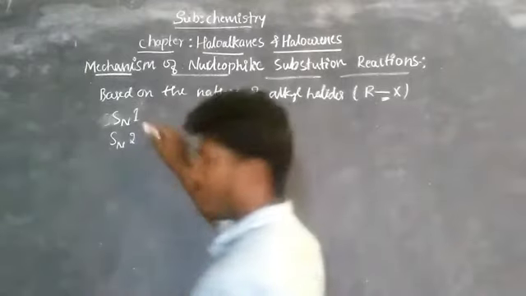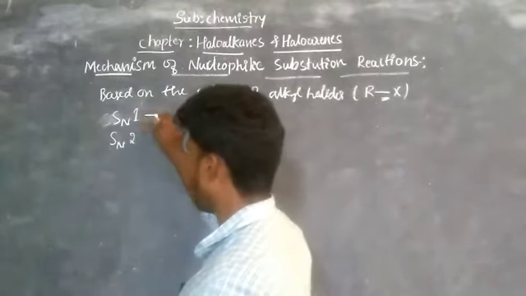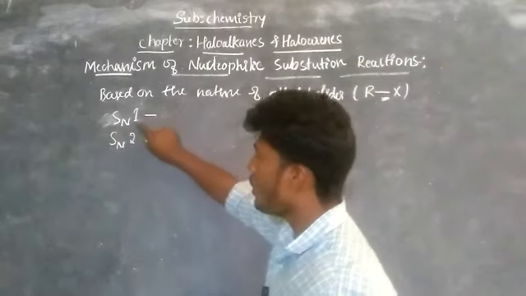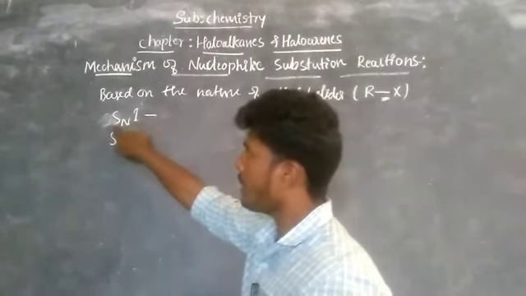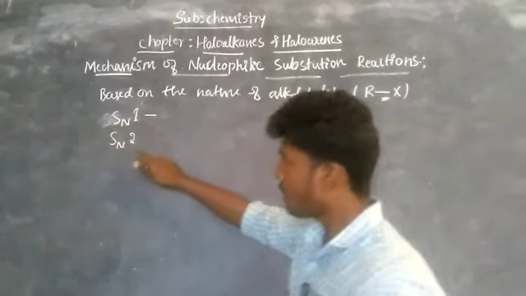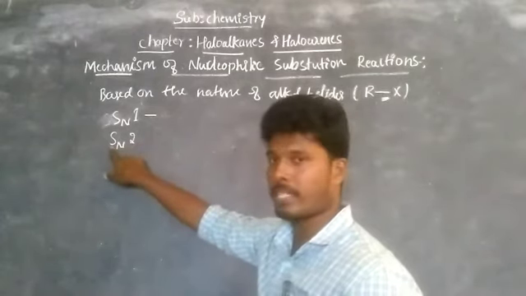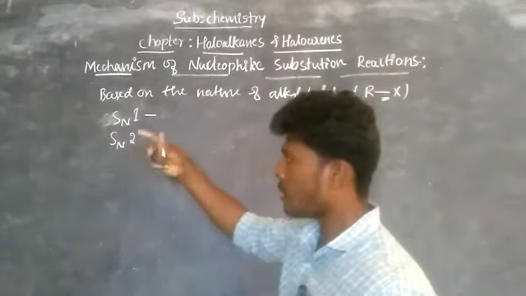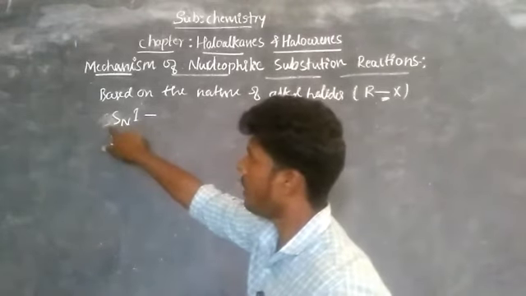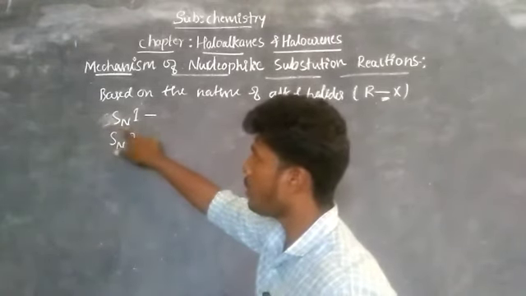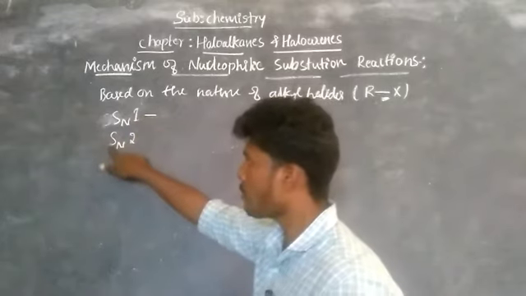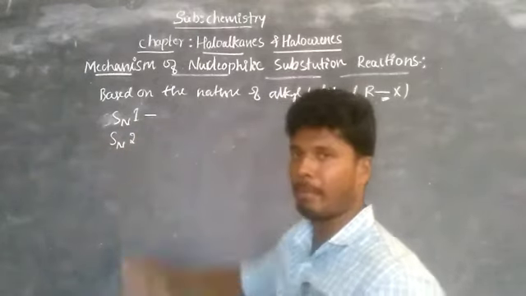SN1 means unimolecular nucleophilic substitution reaction, and similarly SN2 means bimolecular nucleophilic substitution reaction. We also say substitution nucleophilic unimolecular, substitution nucleophilic bimolecular.